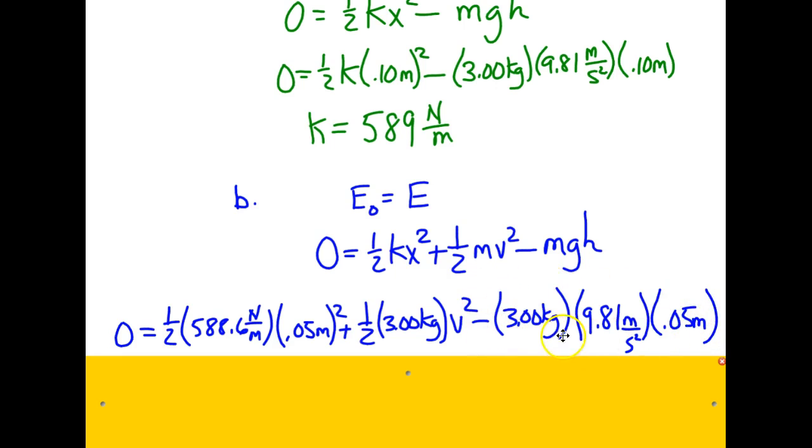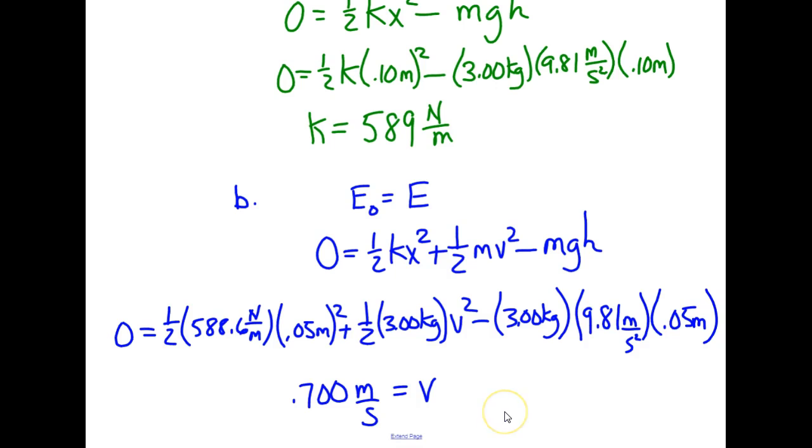So here's our loss of gravitational potential. Go ahead and do the algebra, solve for v. How would you do that? You would add this value to the other side. From that, you would subtract this value for the elastic potential energy, multiply by 2, divide by 3, and take the square root to get the velocity. And you would get 0.700 meters per second.